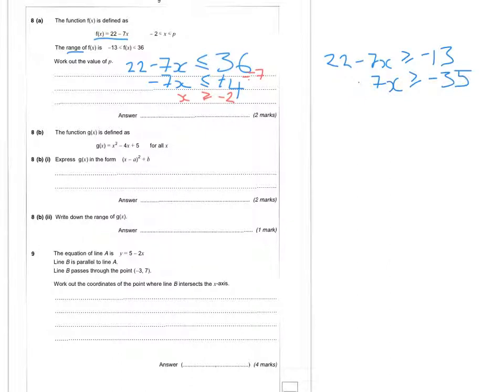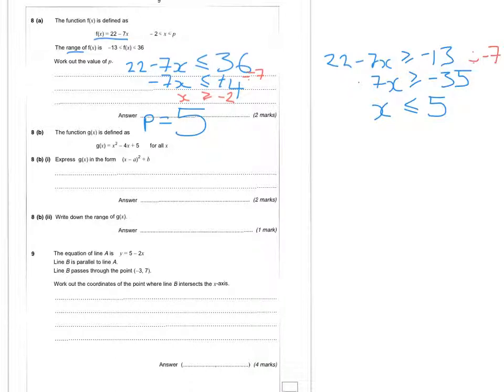Again, dividing by -7. Divide by a negative means I have to flip the sign. So x is less than or equal to 5. So the upper bound is 5. P equals 5.